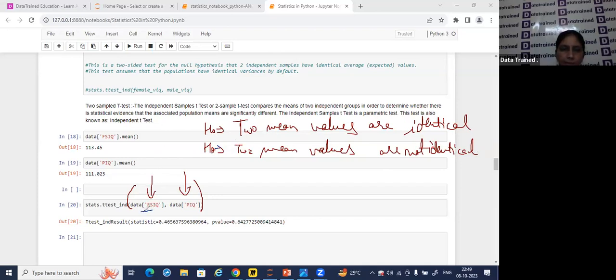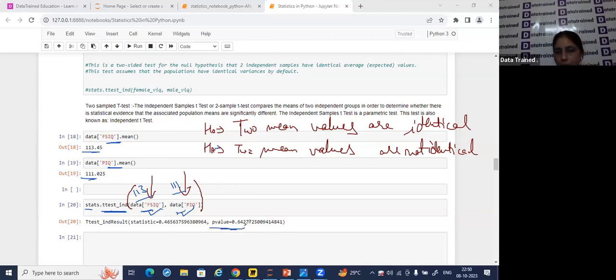So here, FSIQ, what is the mean? 113 and the PIQ mean is 111. So this stats t-test independent is another library which is going to calculate the mean values of FSIQ and PIQ and find out whether they are identical. So here 113 is the mean value of FSIQ, 111 is the mean value of PIQ. Now let me check out the P value.